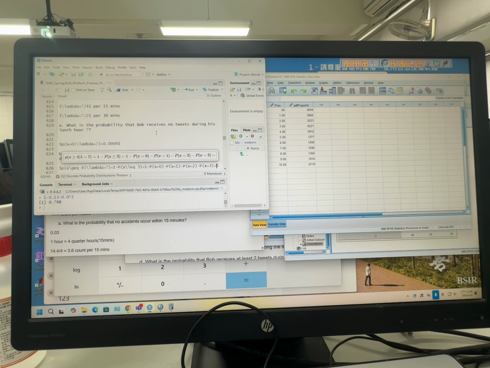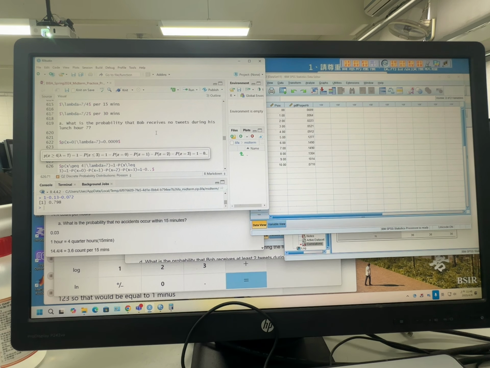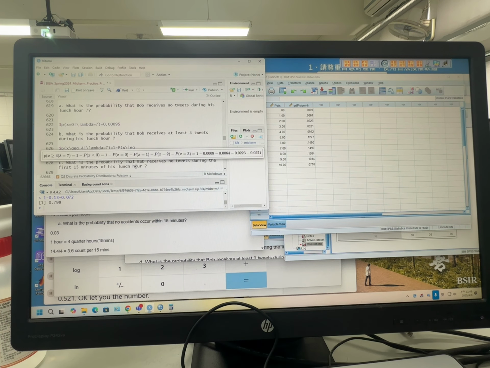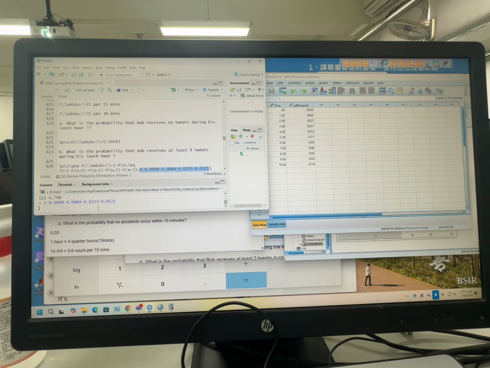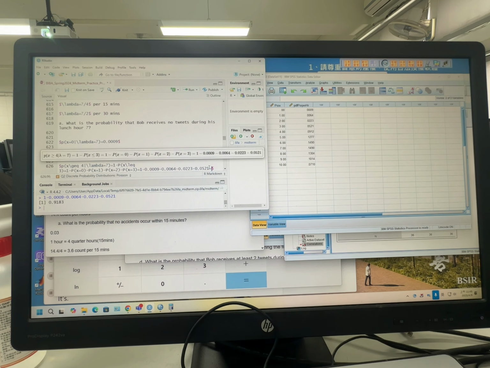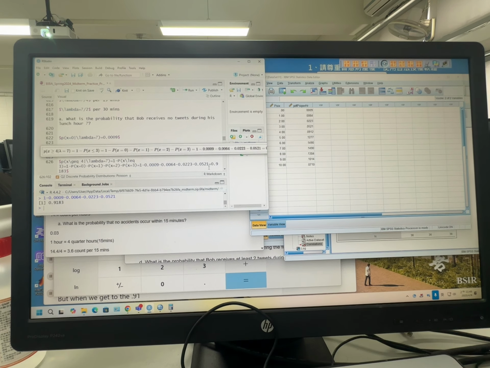So that would be equal to 1 minus 0.0009, minus 0.0064, minus 0.0223, and so on. That will get you the answer, 0.9183. That's the number you can get.